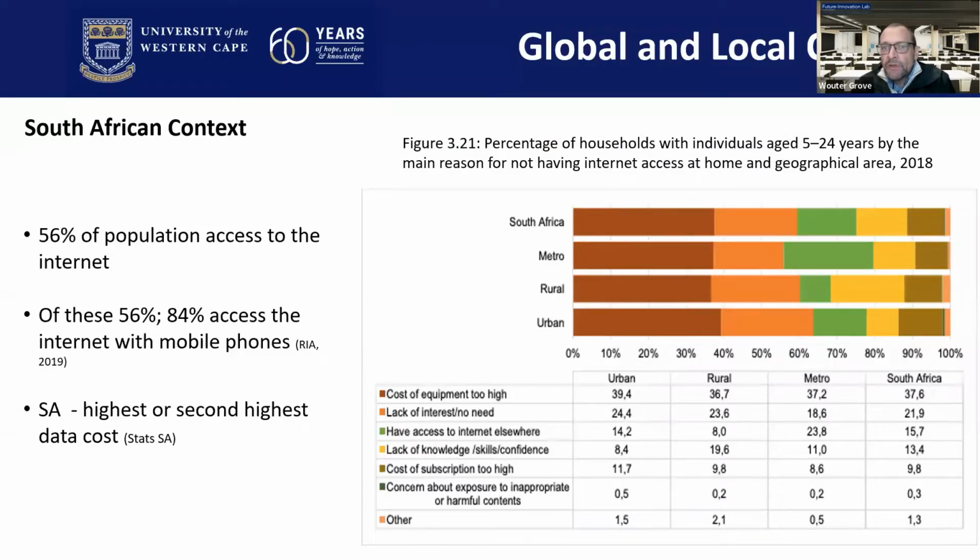But we've got the second highest data cost in the world. So as you know from South Africa's history, it really is a country with enormous levels of inequality. If you look at access to the internet, many of the barriers are still related to devices. So the cost of equipment is high.